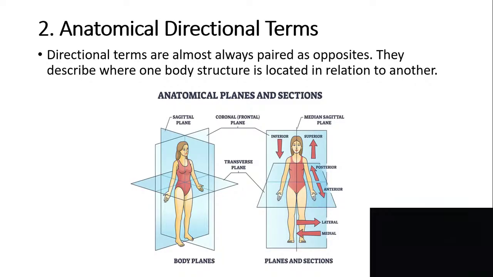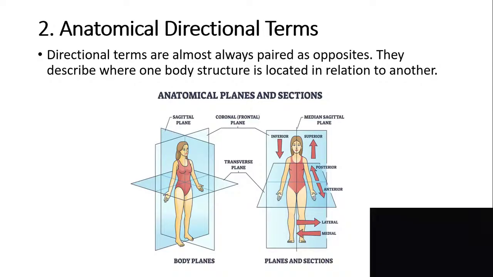However, from the median sagittal plane, you can get the lateral and medial, and from the transverse plane, you can get posterior and anterior, and as you look at the coronal plane, you can get inferior as well as superior.